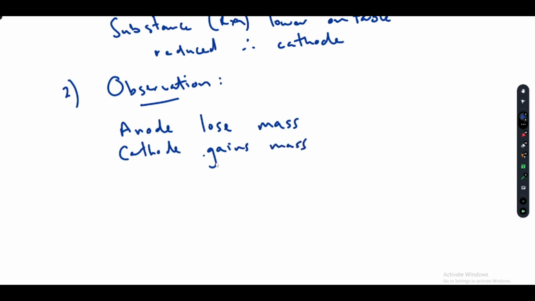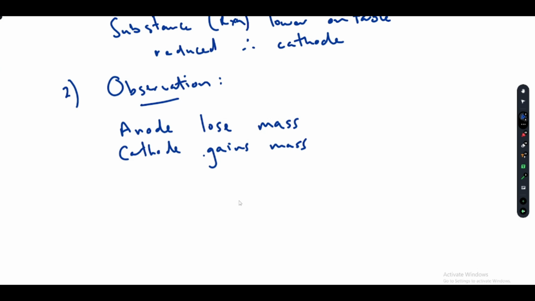So when we are not given exactly what element or compound the electrodes are, we must be given information in the description, in the question itself, which electrode is losing and which electrode is gaining mass.